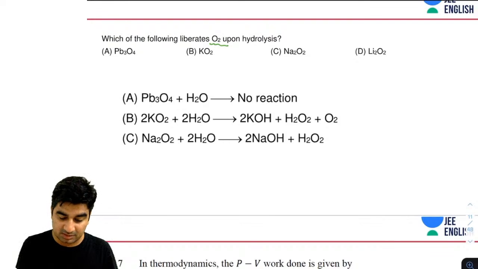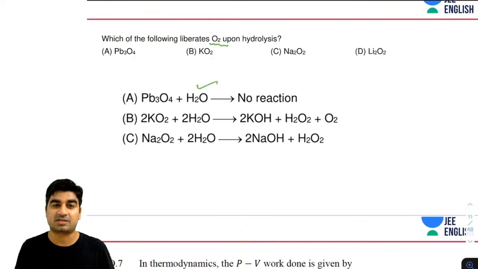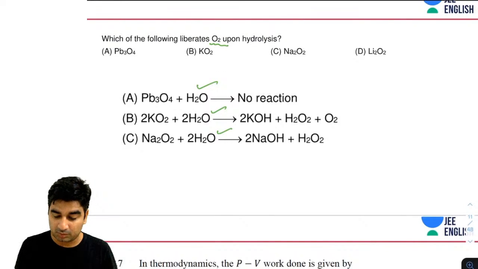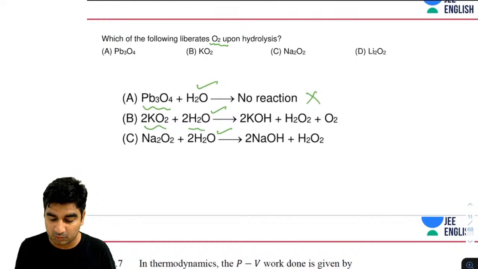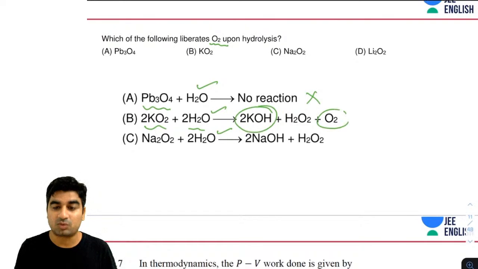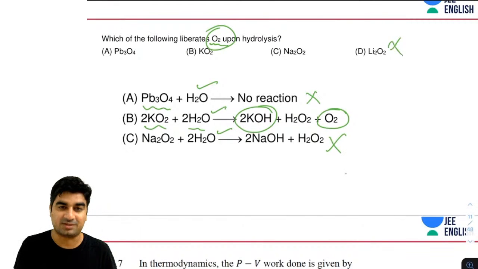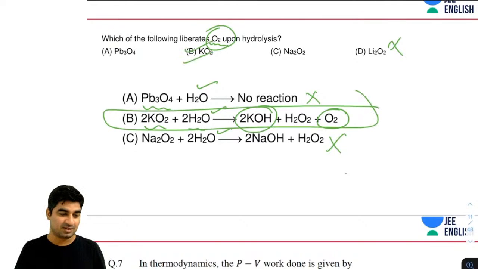These are the hydrolysis reactions. Pb3O4, no reaction will be shown. Then I'm talking about KO2, and hydrolysis of this will give you KOH and O2. They are asking about the O2. Now you don't have to check the third and fourth option. So B will be your answer. Got it? B will be your answer.